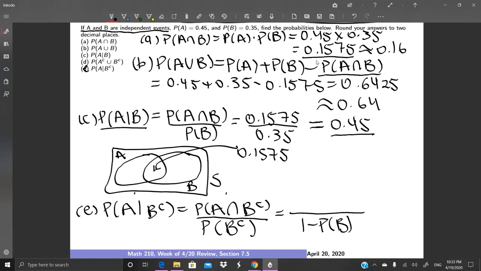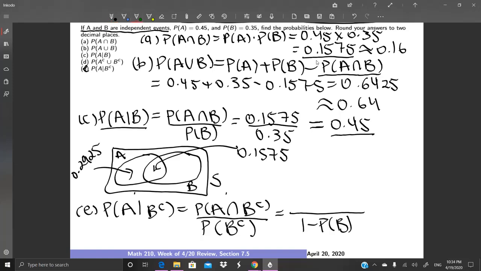But I already have taken up 0.1575 in the middle, so what's left out here is 0.2925, right? Because that's 0.45 minus 0.1575.